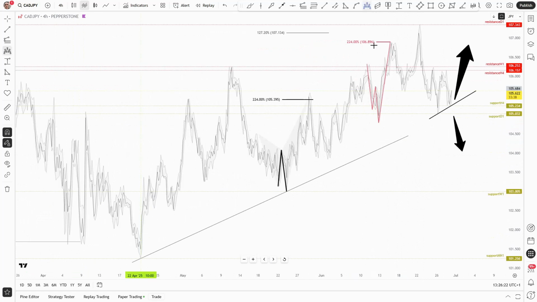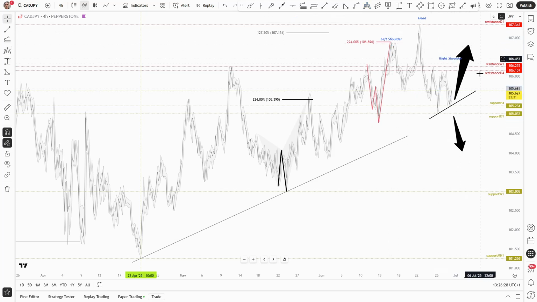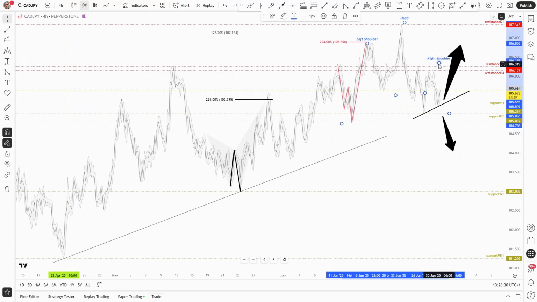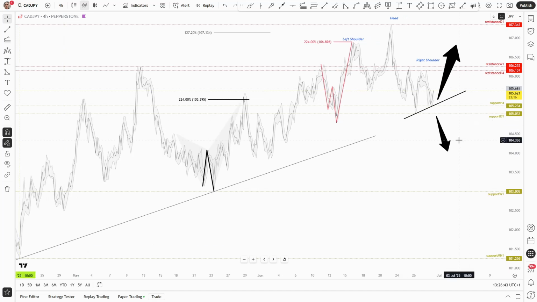We have also the Canadian dollar versus the Japanese yen. I see this as a potential inverted head and shoulders pattern formation. Let's see how the market unfolds. But at this point, it makes sense to pay attention to the daily fractal support 105.03. That's our reference point as a potential neckline for the validation of the inverted head and shoulders pattern formation.